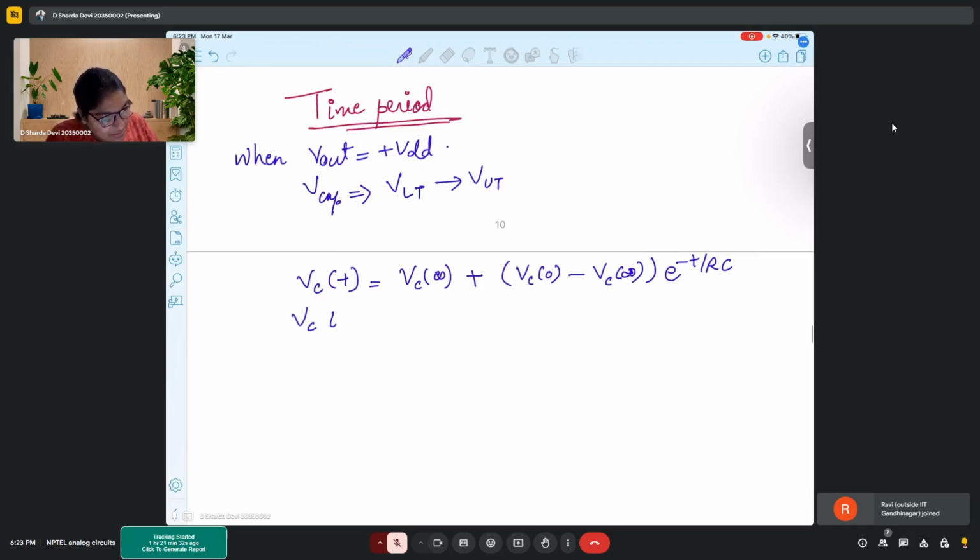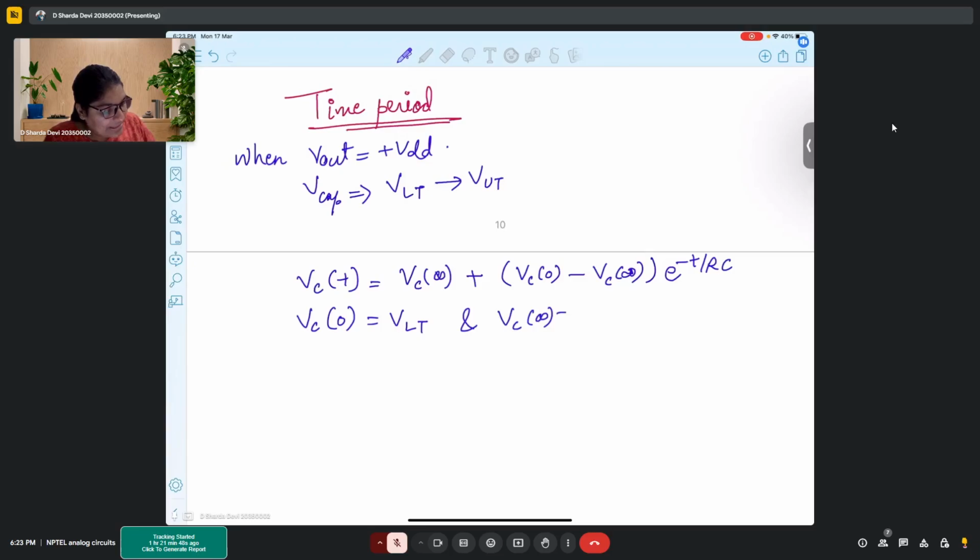Here Vc of 0 is the initial condition. So the initial condition Vc of 0 is at VLT and Vc of infinity is at VUT, right?